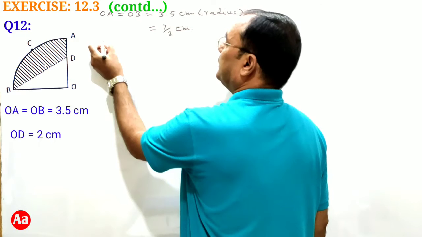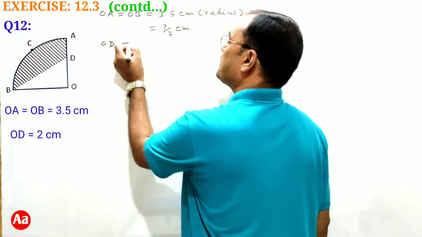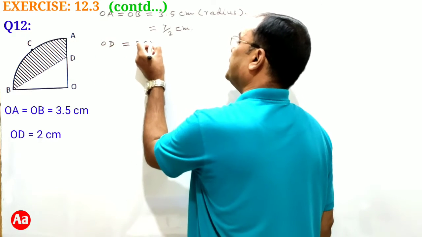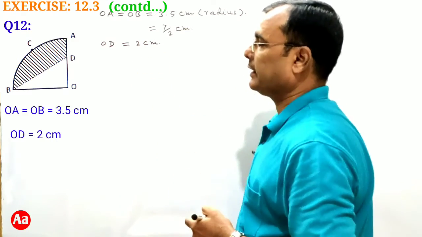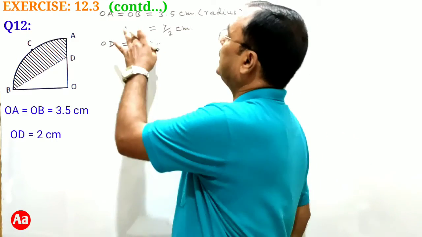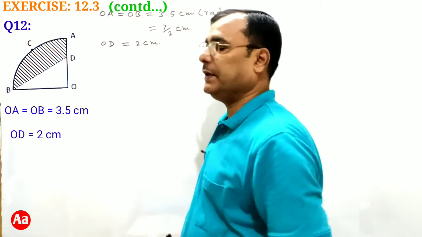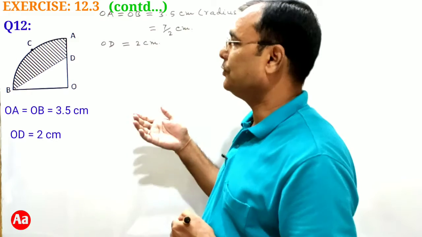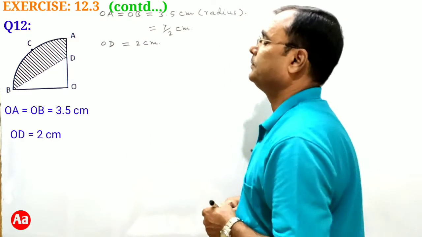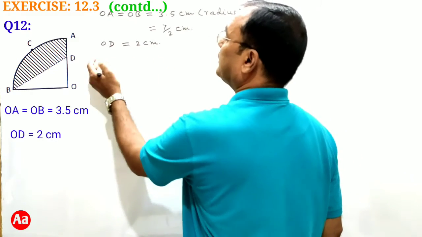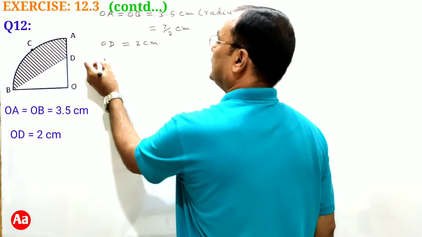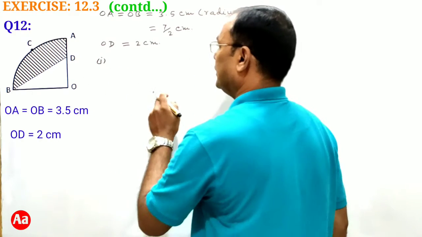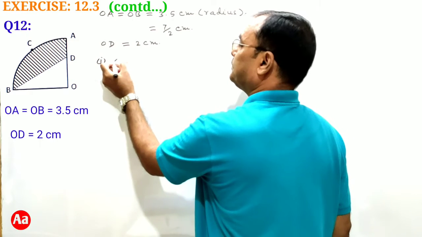OD is given as 2 centimeter. O is the center of the quadrant, so OA and OB are perpendicular, therefore OD and OB also are perpendicular. So let's find the area of the quadrant OACB.